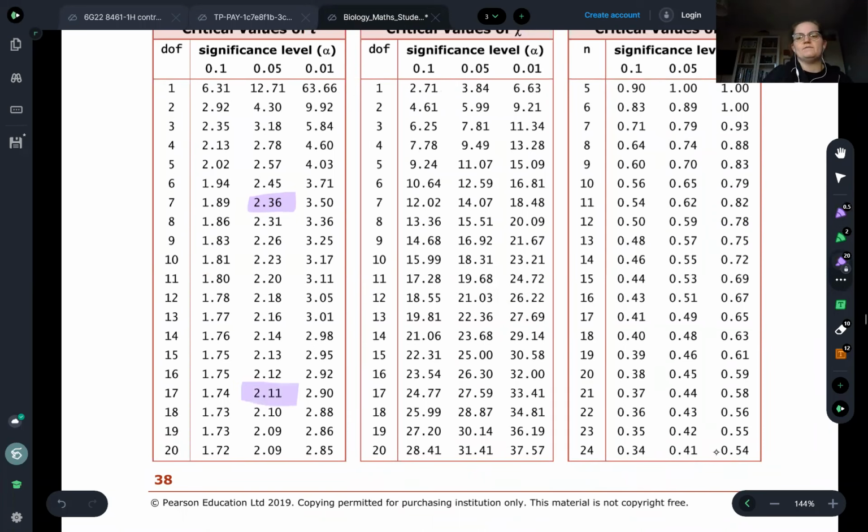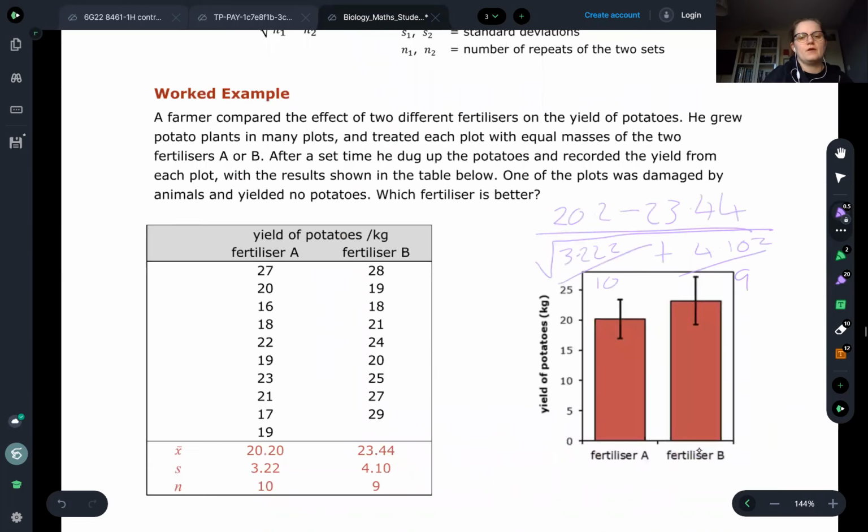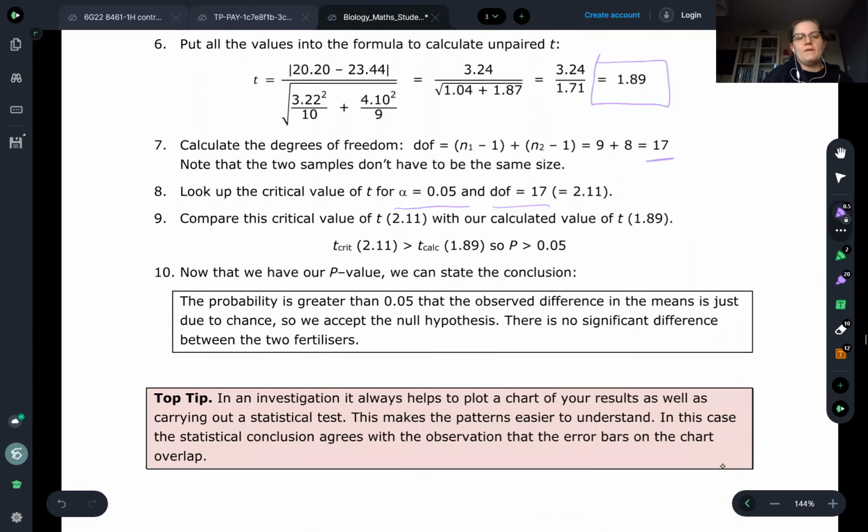So our t value is less than our critical value. Compare this value of t, the critical value of t was 2.11, with our calculated value, which is 1.89. So our critical value is greater than our calculated value.